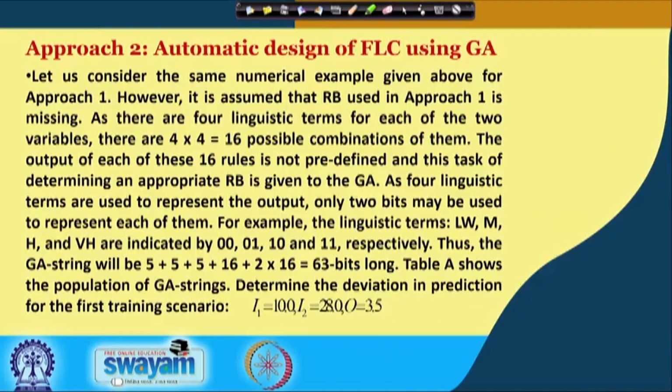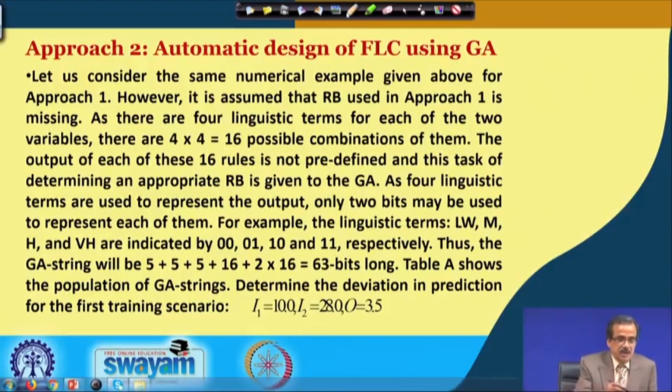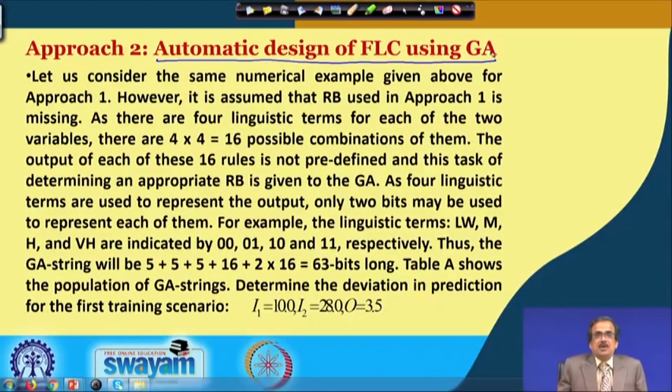Now, supposing that we are going to model a very complicated real world process, and it is a bit difficult for the designer to determine the knowledge base and the rule base of the fuzzy reasoning tool beforehand. In that case, we cannot go for approach 1, that is the genetic algorithm based tuning of the knowledge base, and we will have to go for another approach, that is approach 2, which is nothing but automatic design of FLC using a genetic algorithm.